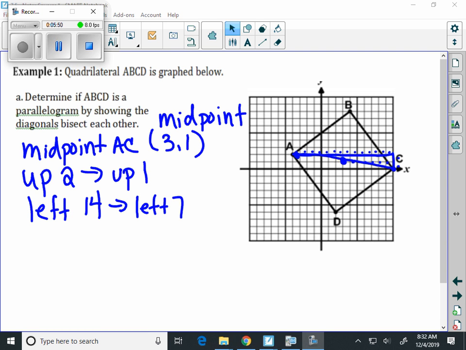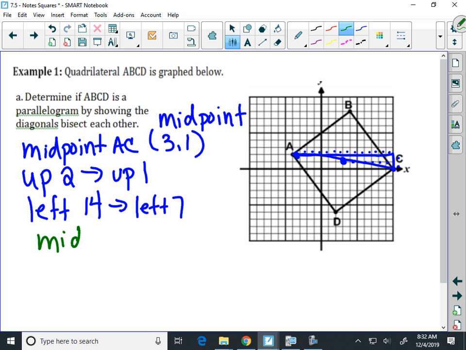So we have to find the midpoint of BD. When we find the midpoint of BD, here if I can get the picture drawn, what we did is we're going to go up a bunch, and then we're going to go over.